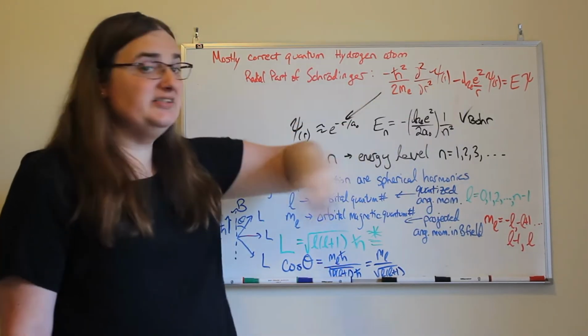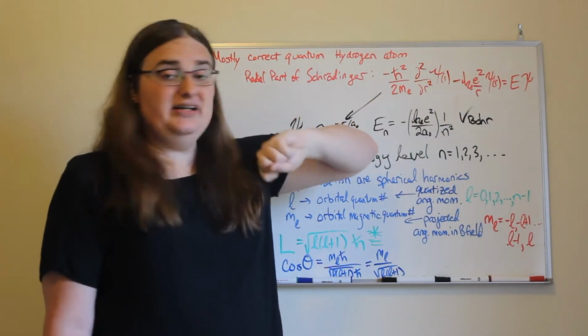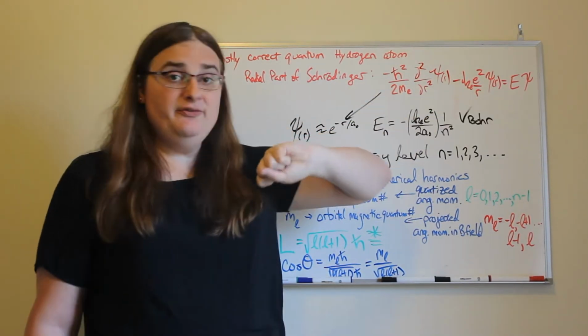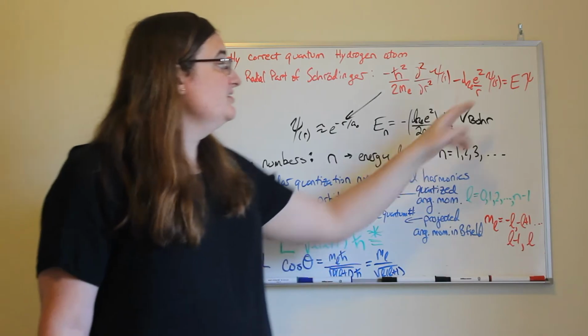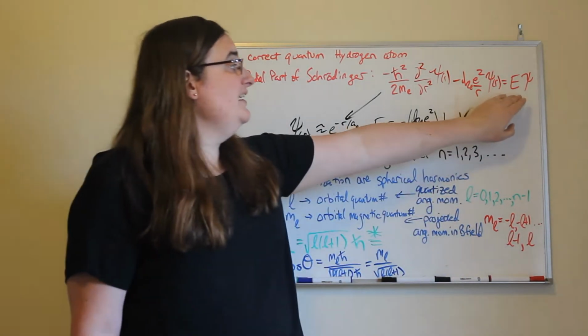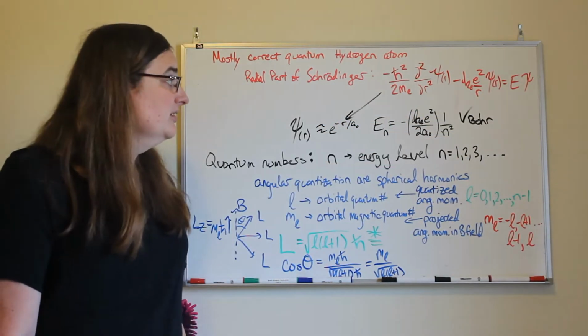For the hydrogen atom, that would be minus k times the electrical charge squared divided by the radius, times our wave function's radial piece, and that would equal our eigenvalues, our quantized energy levels, E sub n, times our wave function.